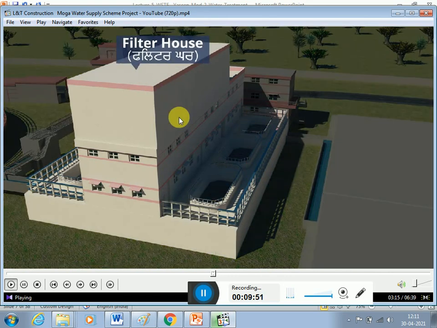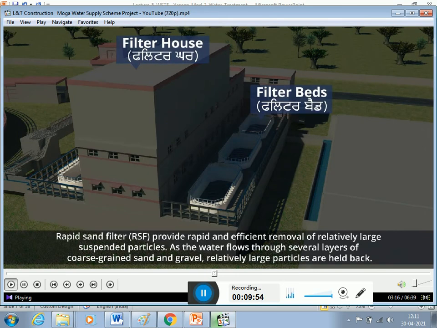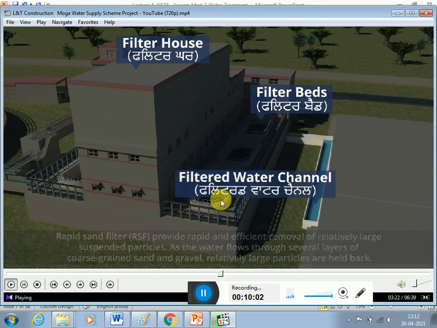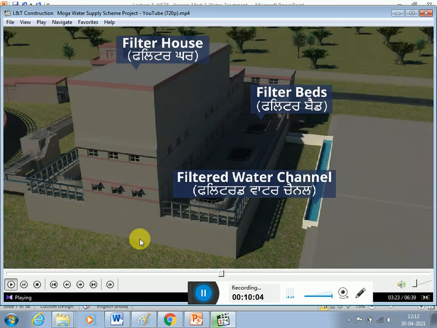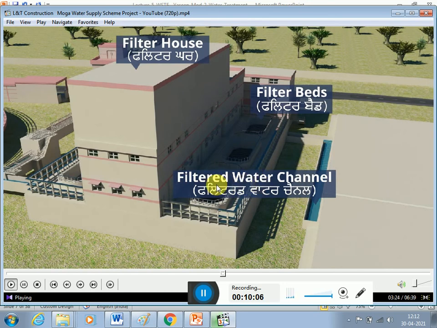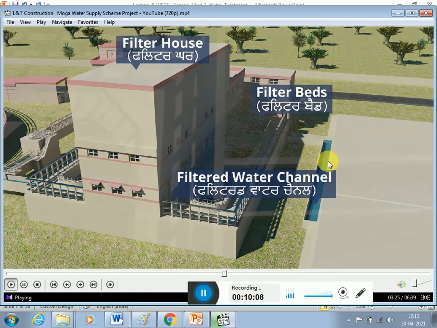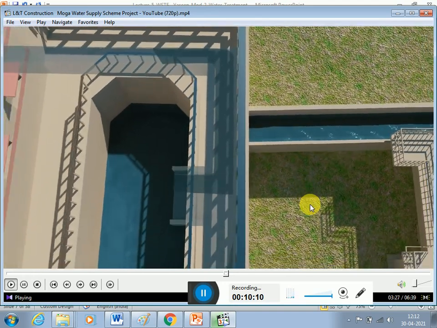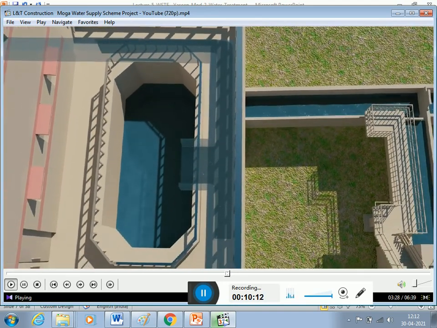This may consist of the rapid sand or slow sand filtration beds. Here in this case they have provided the rapid sand filter, in which when the water slowly starts to percolate through the bed of filters, it gets filtered out, and the filtered water is taken to the next treatment unit, which will usually be the disinfection process.